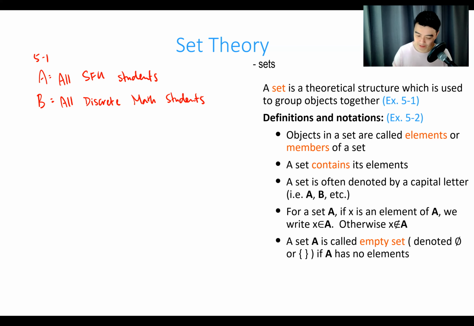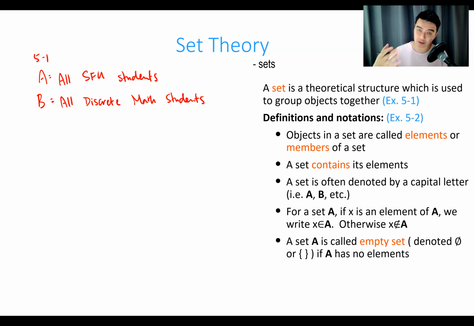In this case, the elements inside the sets are students, in the first case SFU students, and in the case of B, discrete mathematics students. So what we can do is take a common object of A and B.